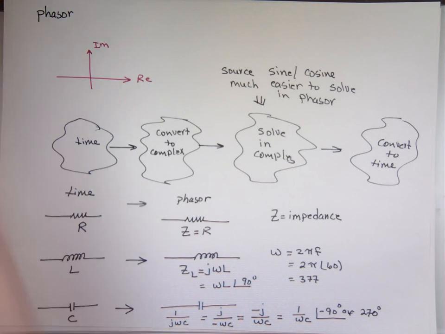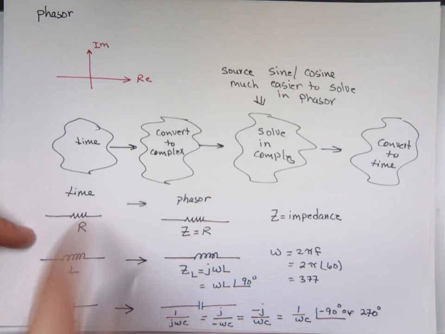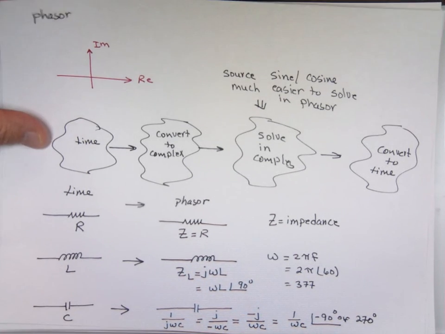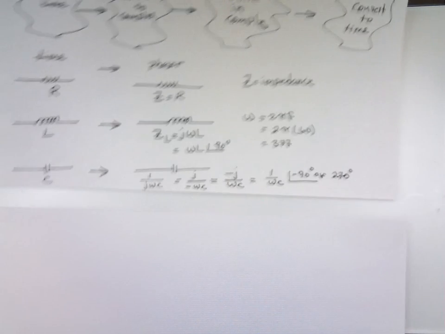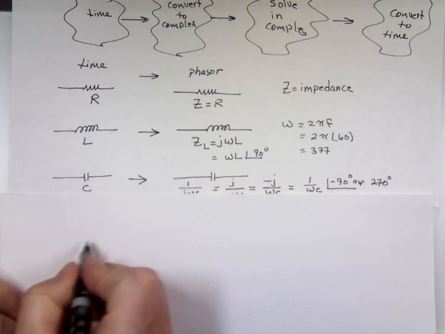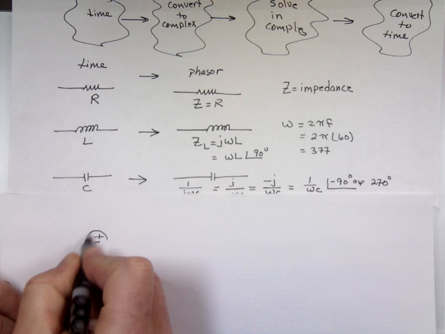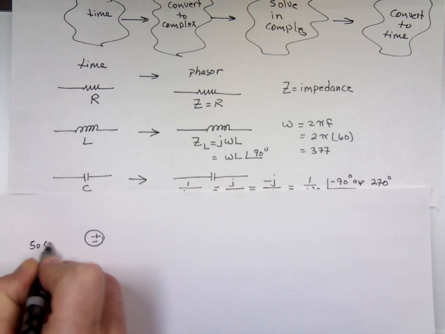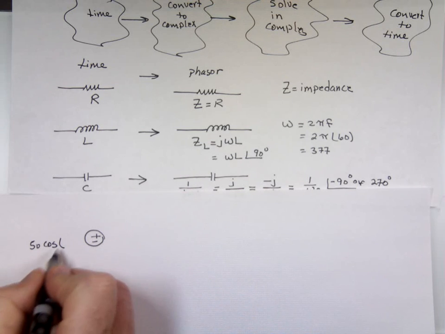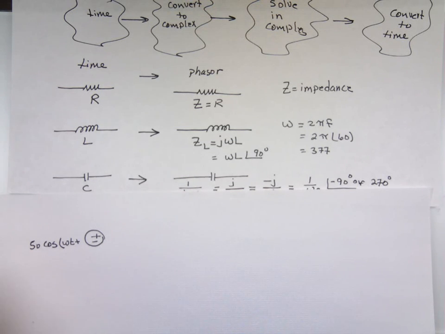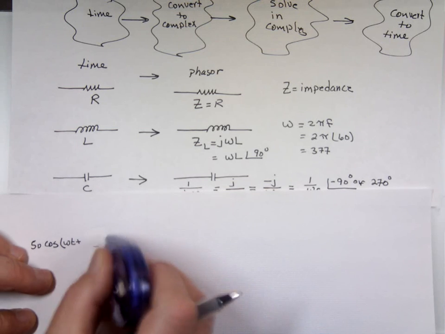And what about the source? We know how to convert the resistor, we know how to convert the inductor, we know how to convert the capacitor. What about the source? How do we convert the source from time domain to phasor? If you have a source of 50 cosine omega t plus, I always run out of space, I'll move it.